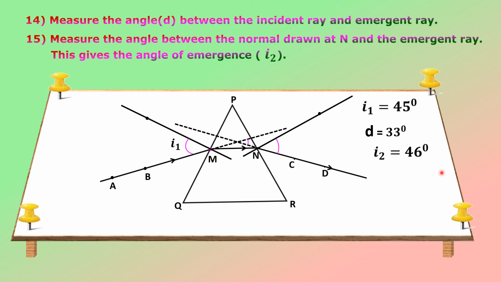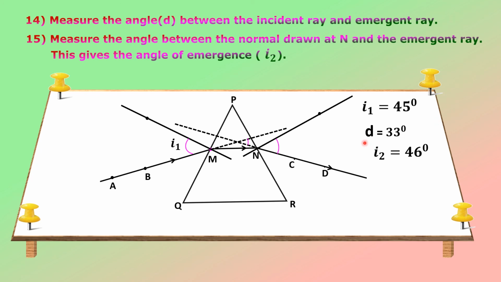So you can check whether the observed values are correct or not. To some extent it may deviate. A plus D should be equal to I1 plus I2. A plus D, A is 60 plus 33.